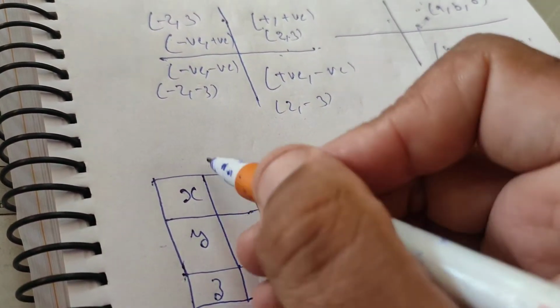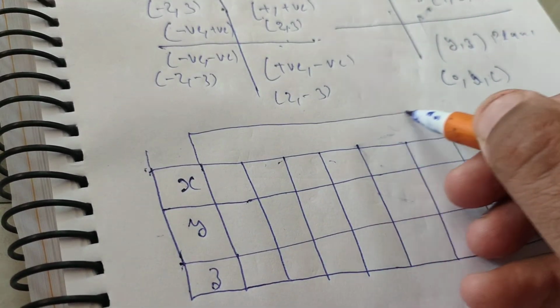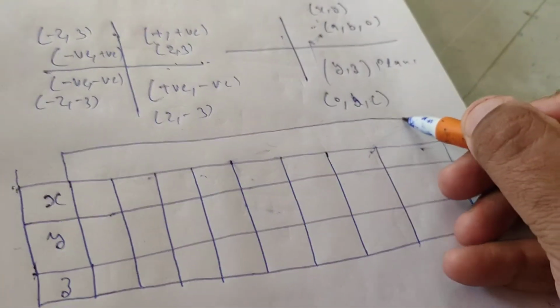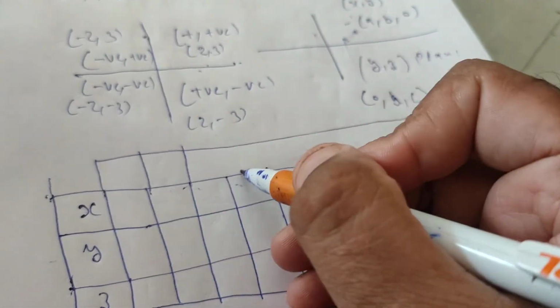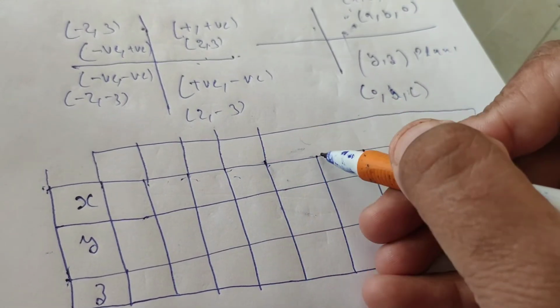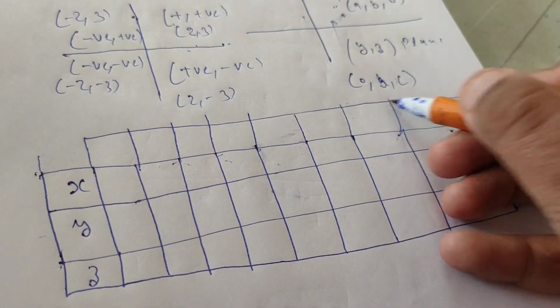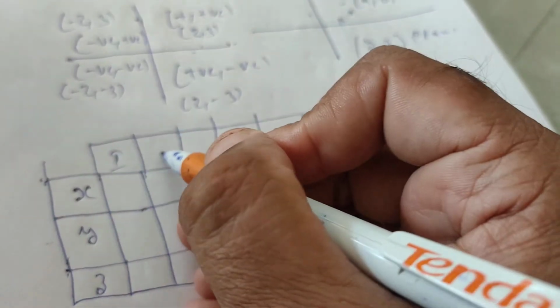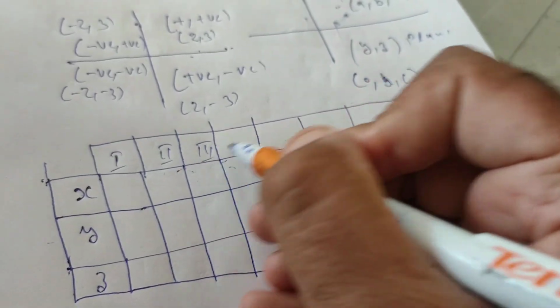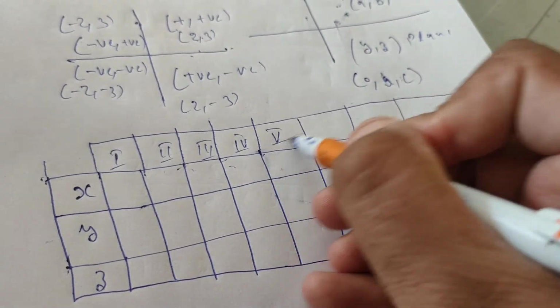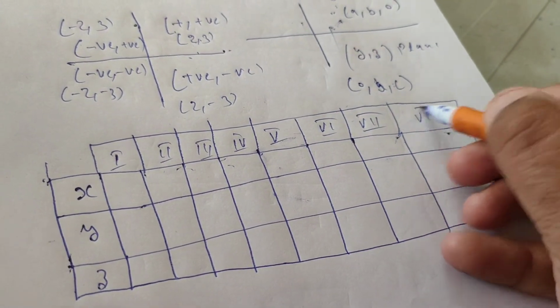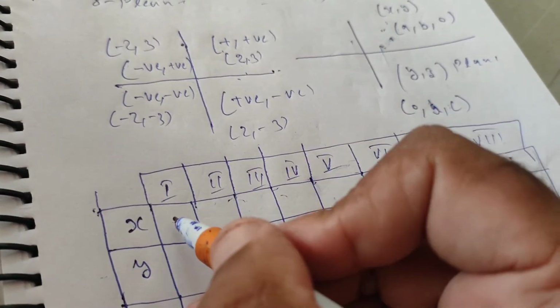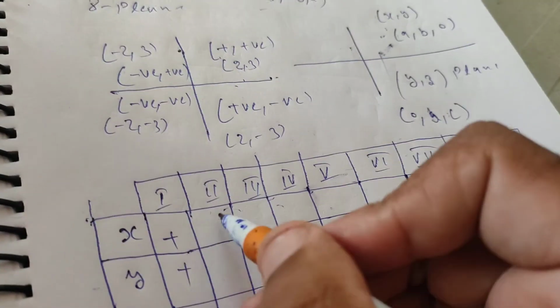Same here. If we have 8 octants, first, second, third, fourth, fifth, sixth, 7 and 8. In the first, both are positive.